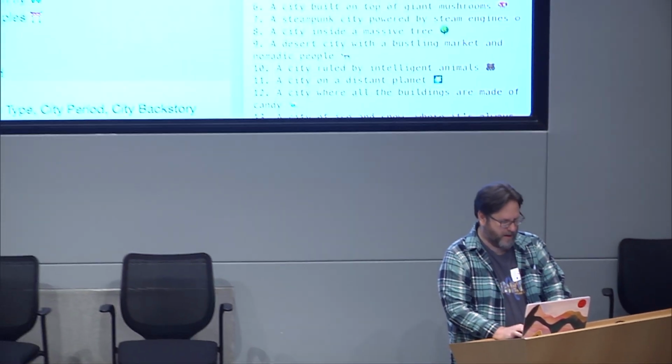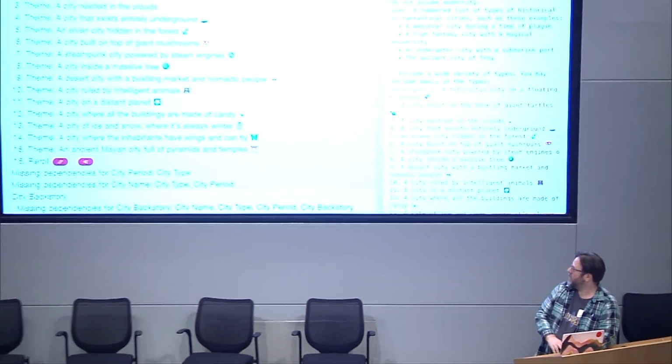I'm going to show a little bit of another application I made, which is for making fantasy cities, which uses some of this kind of model. And here we use the same model.